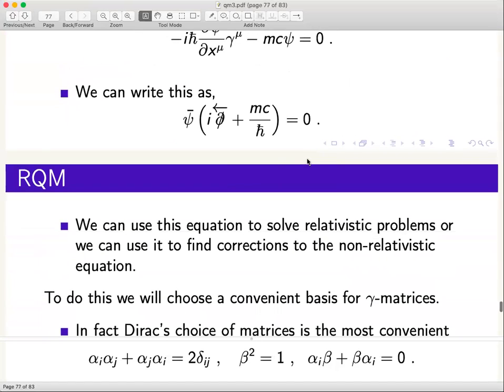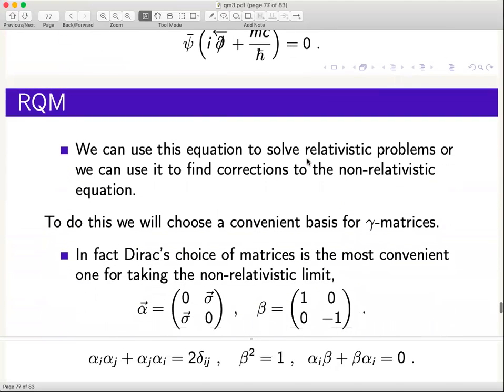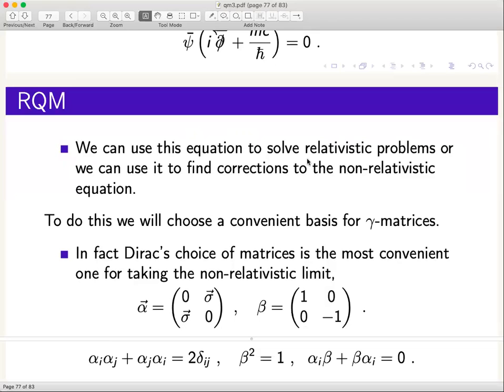We can use this equation to solve relativistic problems, or we can use it to take the non-relativistic limit and find out what corrections the non-relativistic Schrodinger equation would have. Of course, they would involve relativistic corrections, meaning terms higher order in momenta and so on. But it could also involve other corrections which are much more constrained in relativistic quantum mechanics than in non-relativistic quantum mechanics.